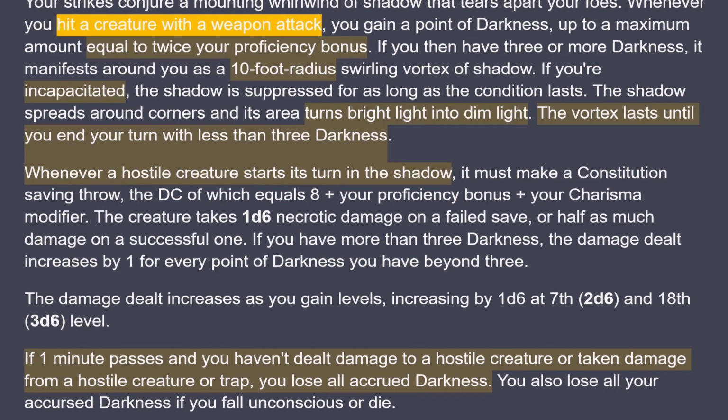I think it's something like that on average for most monsters, assuming you have all your primary abilities and everything set up. The point is, to get your swirling vortex going, you need 3 darkness points, which could mean it doesn't even activate until the 3rd round of combat, at which point the combat might be over.